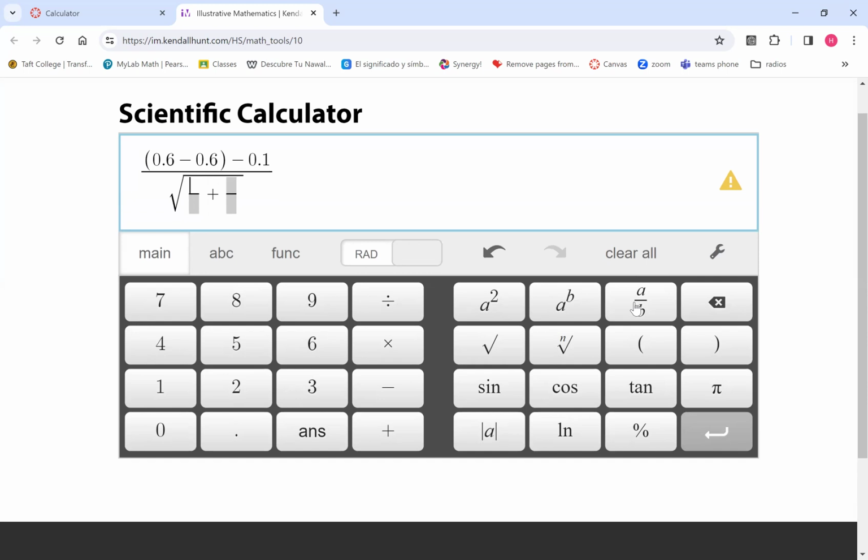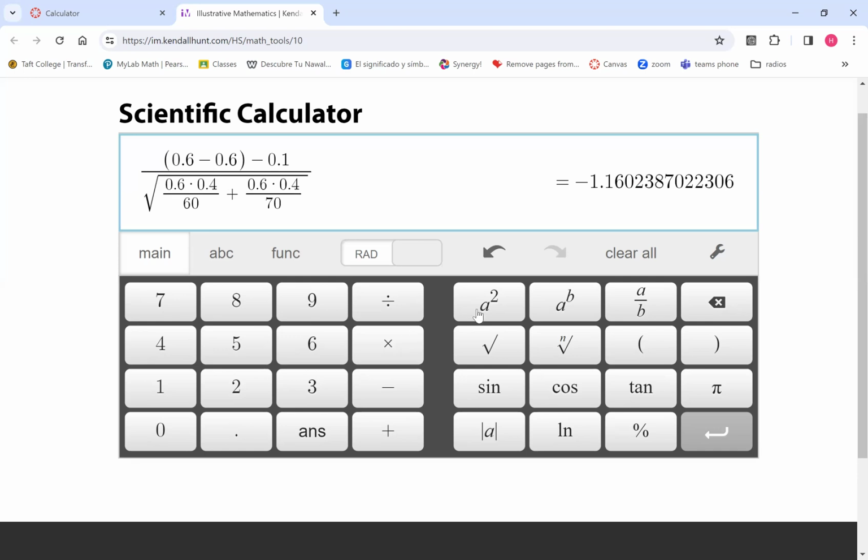On the first fraction, remember I have p1 times q1, so 0.6 times 0.4, divided by n1, which in my case was 60. On the second fraction, I have p2 times q2, so 0.6 times 0.4. At the bottom, I had n2, which is 70.